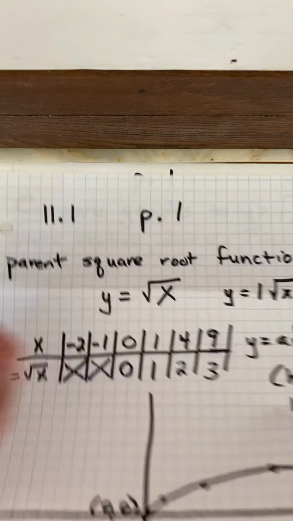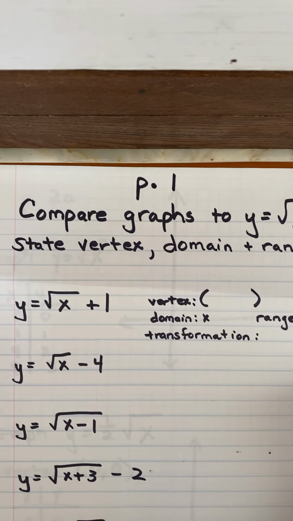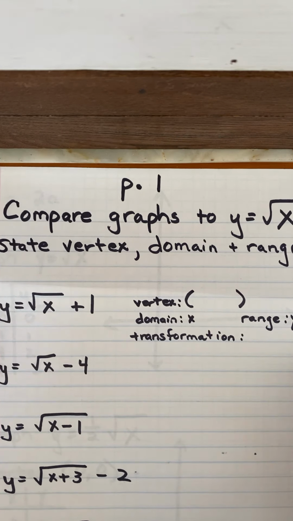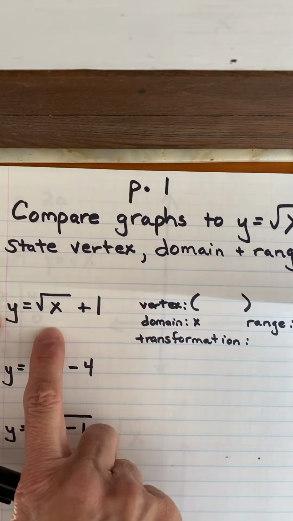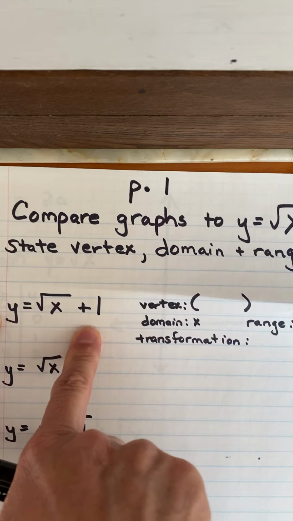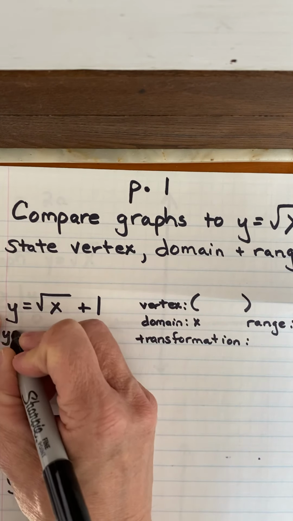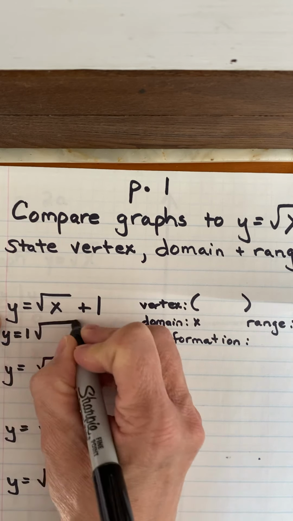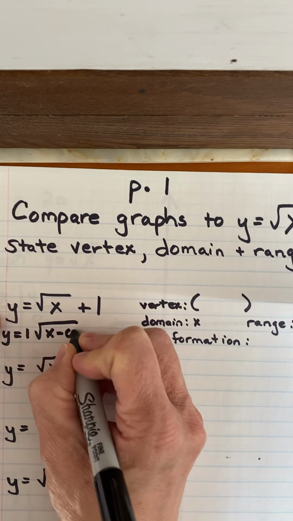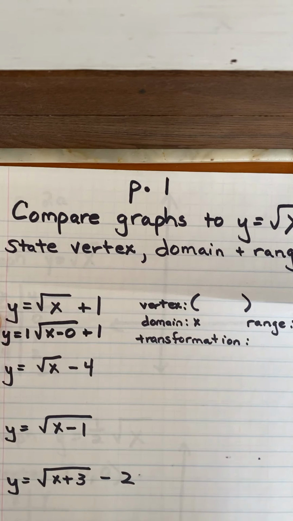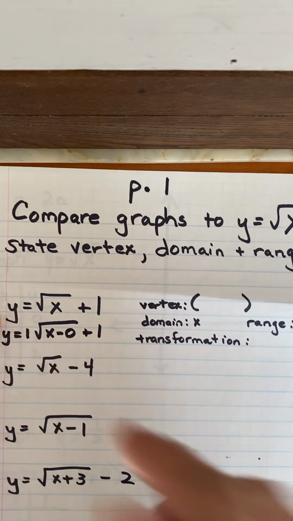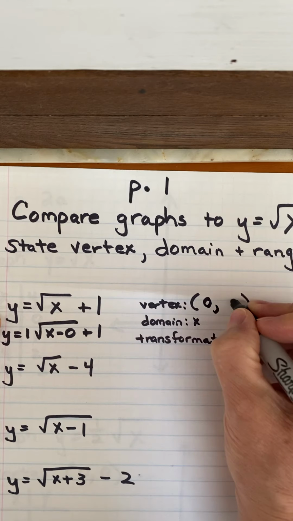Now, we're going to take what we know, and we're going to compare these to the parent function. We're going to state the vertex and the domain and range and the type of transformation. So let's look at this first example. If I put it in the form of y equals a times the square root of x minus h, plus k, I see that there's a 0 with the x, so that's a 0, and a 1 here.